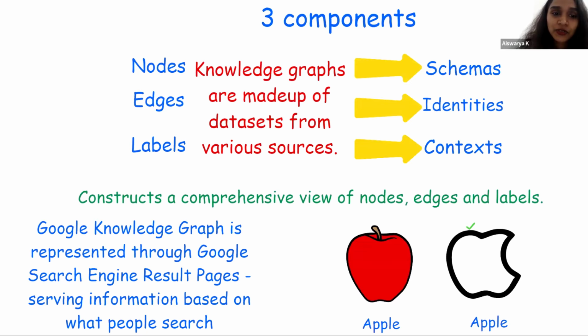Google's knowledge graph is represented through Google's search engine result pages, and we have different types of nodes, edges, and labels in this huge graph. These contribute to the data sets from various pages or various sources.